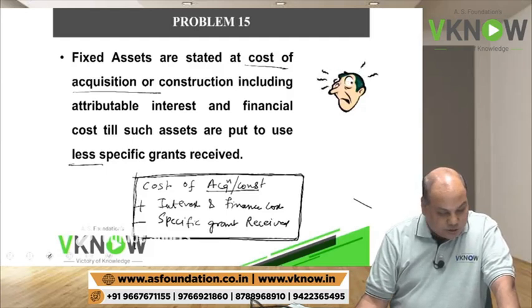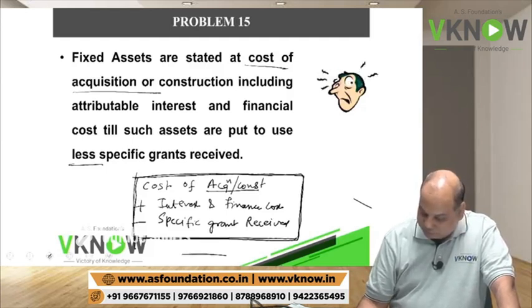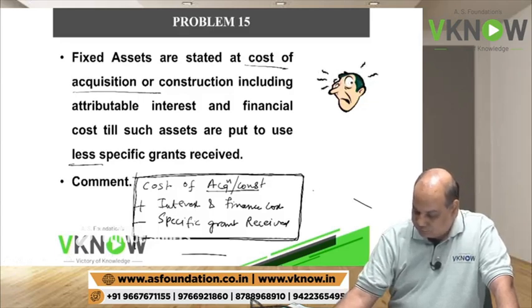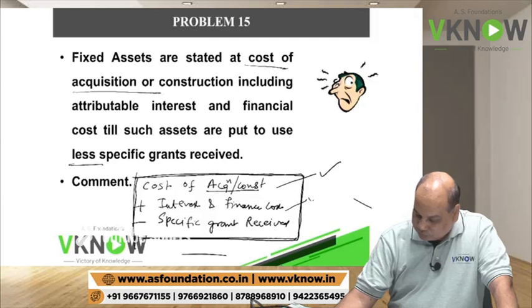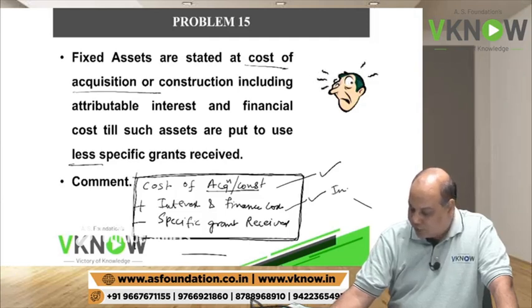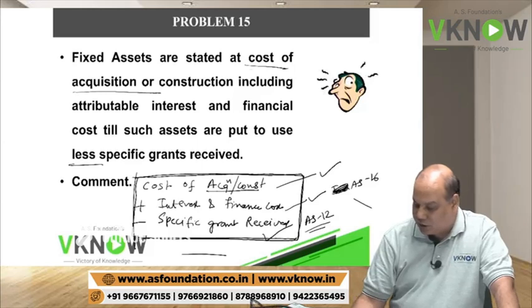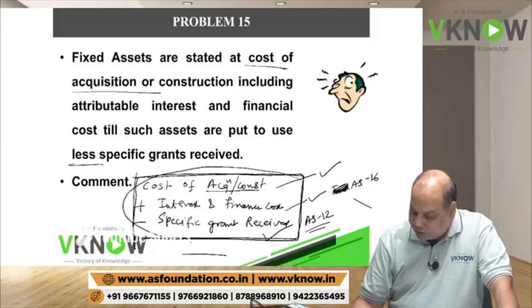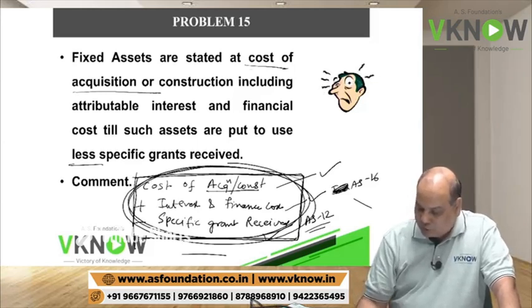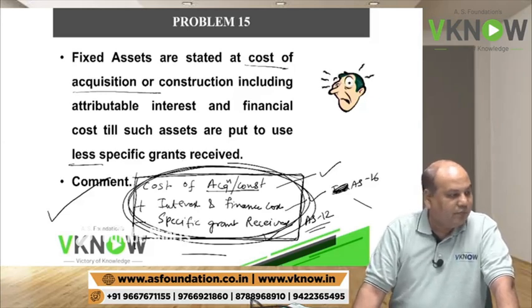Then the question says comment. So the answer is, this will be capitalized. This will be also capitalized as per AS 16 and this will be deducted as per AS 12 government grant. So whatever they have done, it is correct.